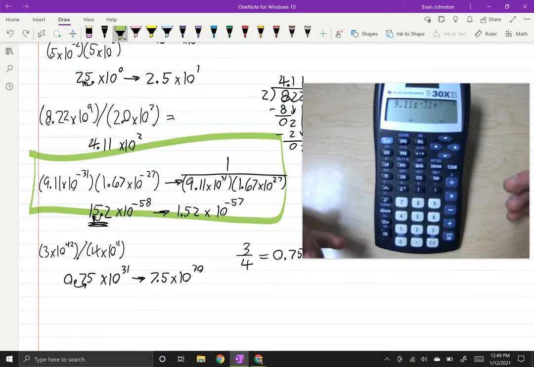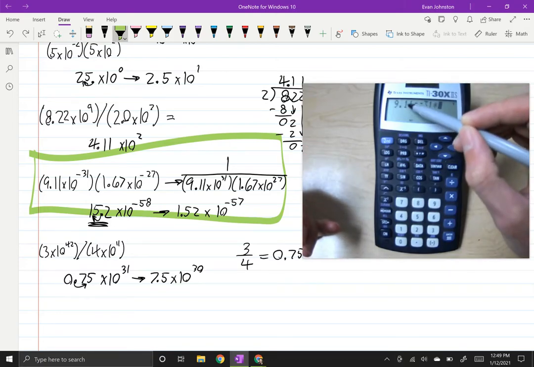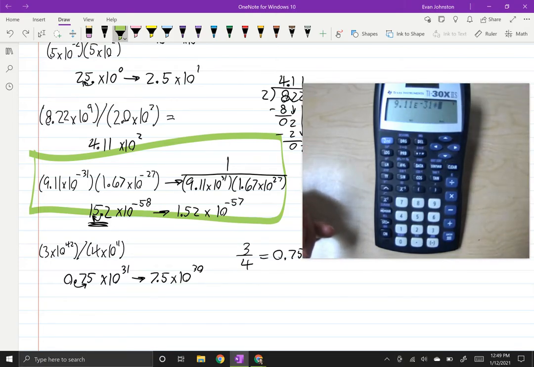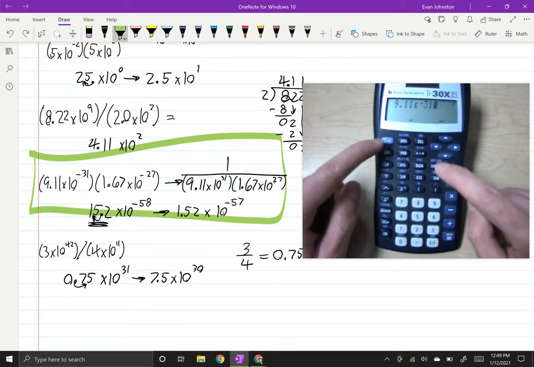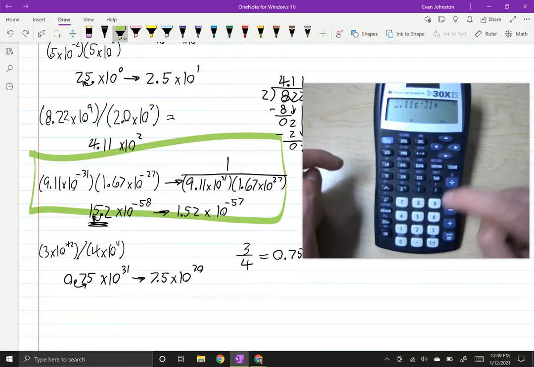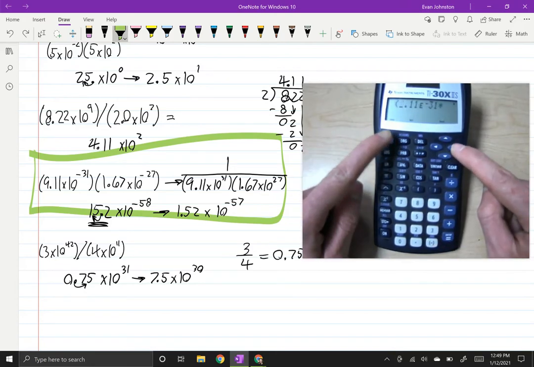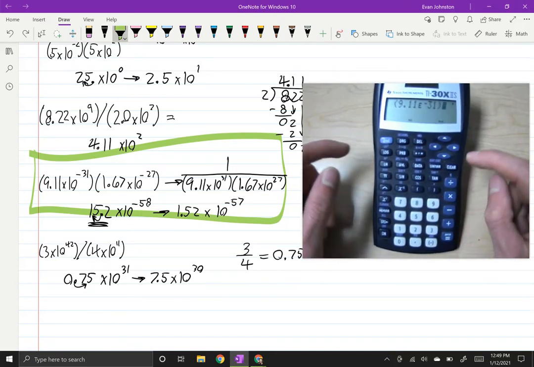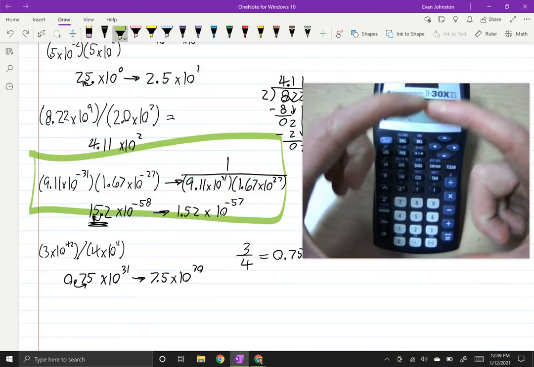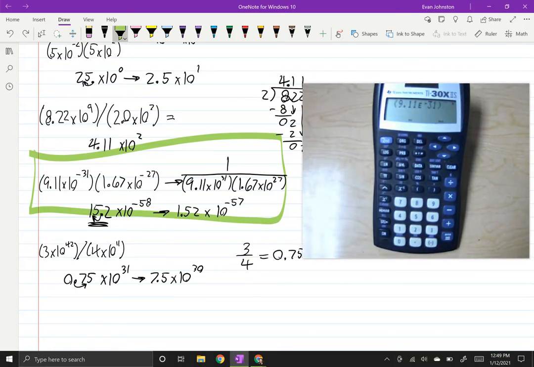If you are choosing to use a different way and you have a times somewhere in here, like you're actually hitting this times button, you will have to insert a parenthesis and then close the parenthesis to make sure that stays grouped together as its own separate entity.